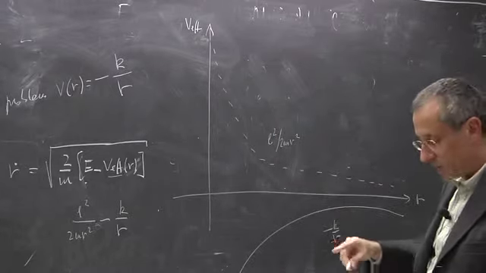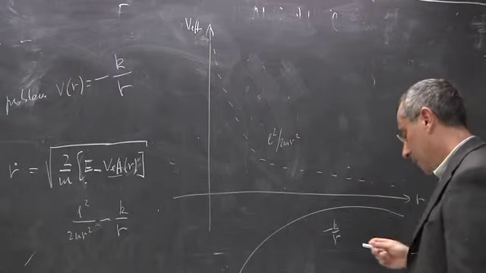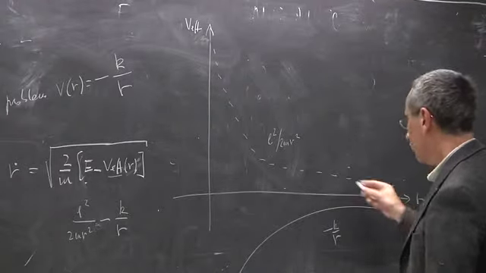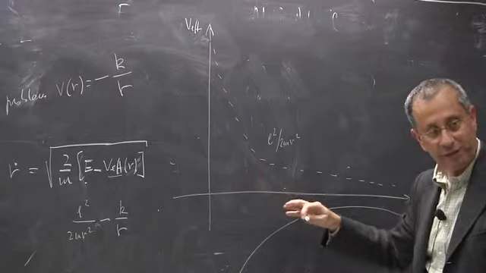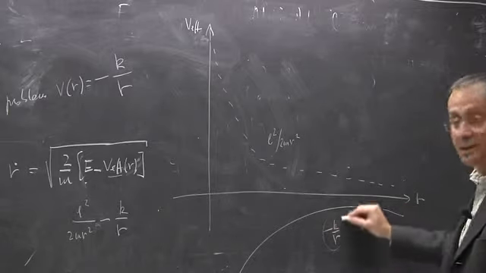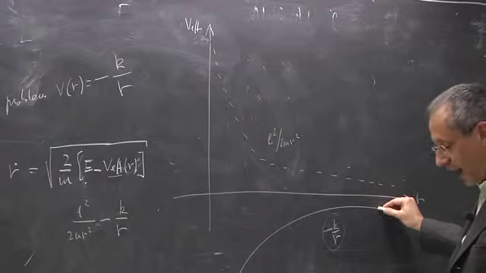And the effective potential is the combination of these two. You can combine them together, but because this is r squared, it starts out following the 1 over r, where that term is larger.